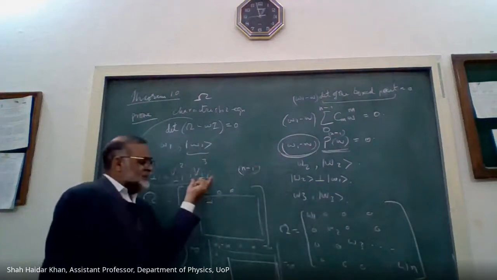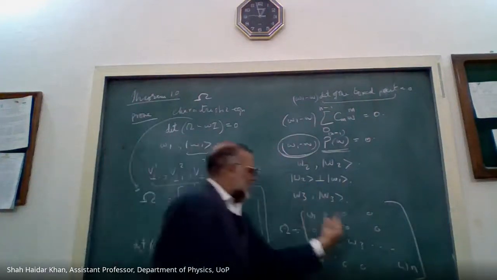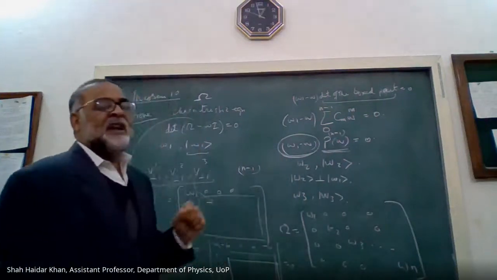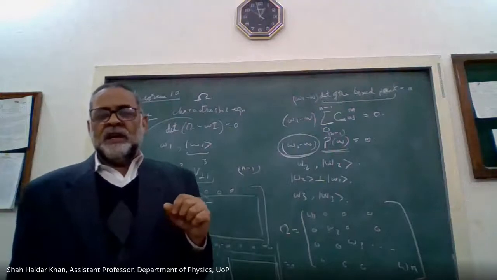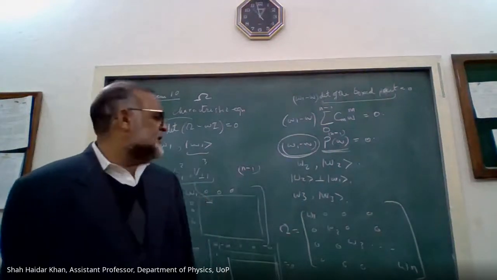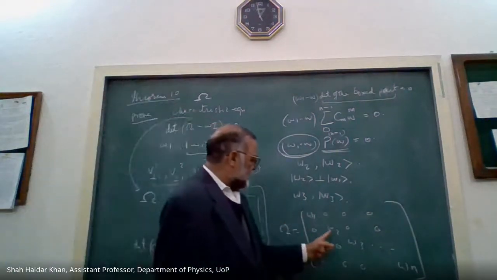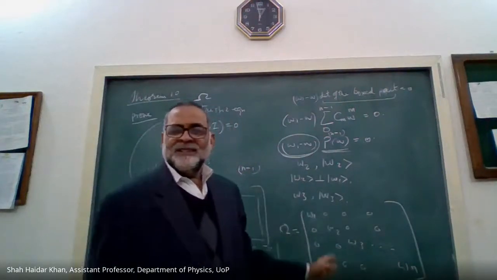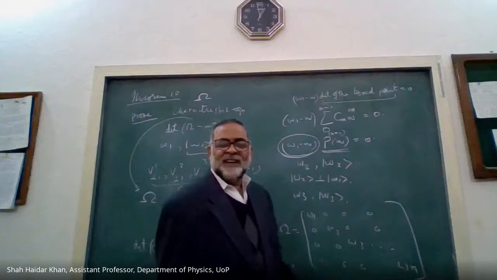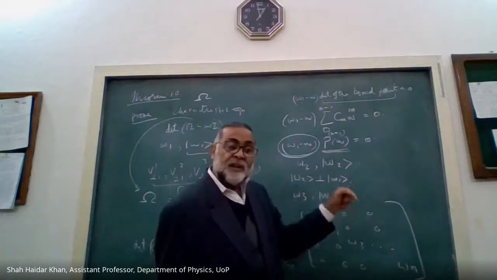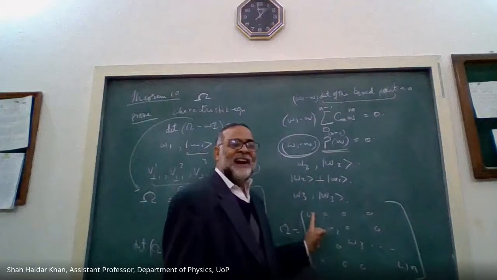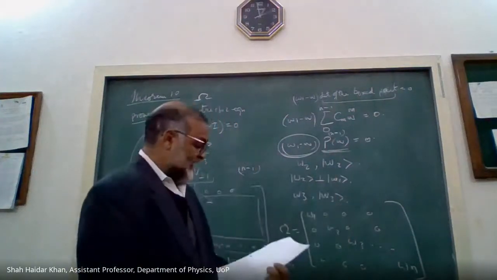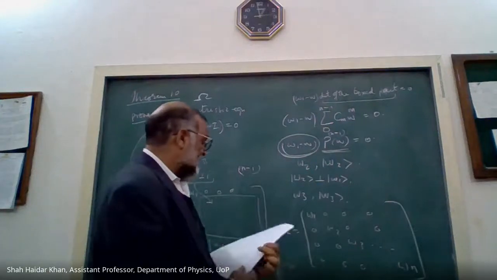Similarly, you can write for this another. So we can write an operator in the form of a matrix in which all the numbers inside the entries in the matrix are in the diagonal position, and they are the eigenvalues.